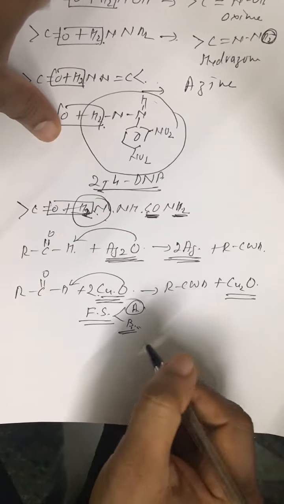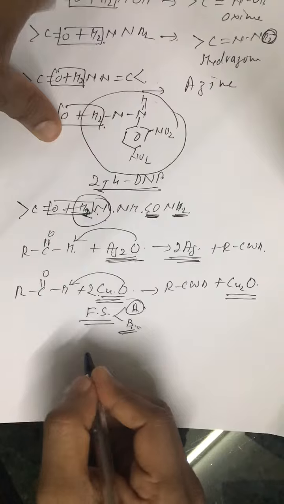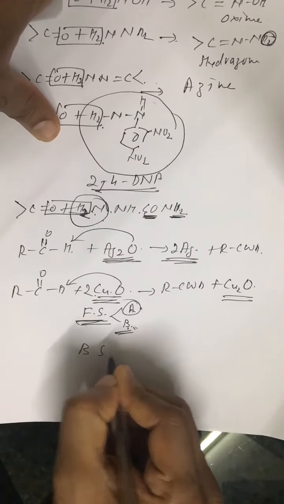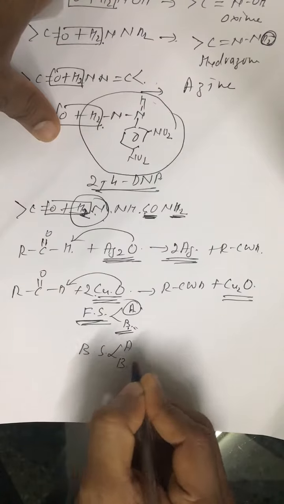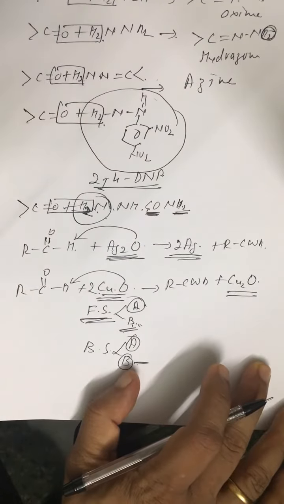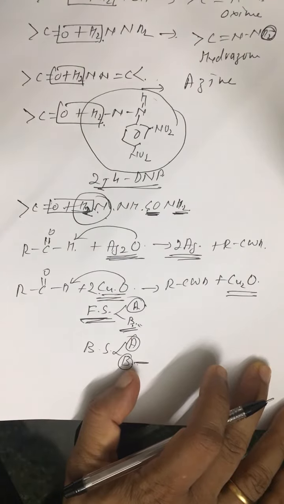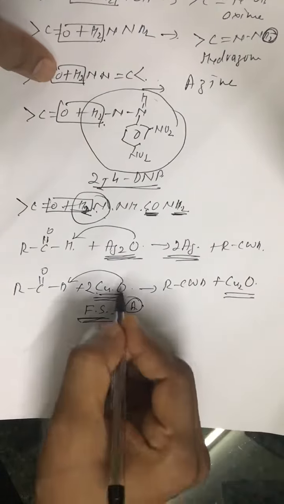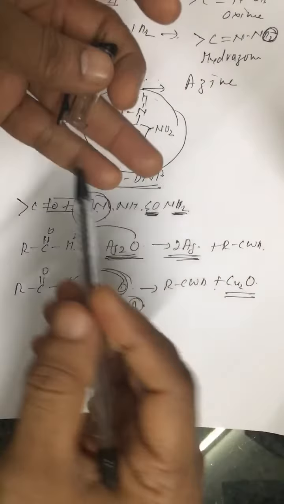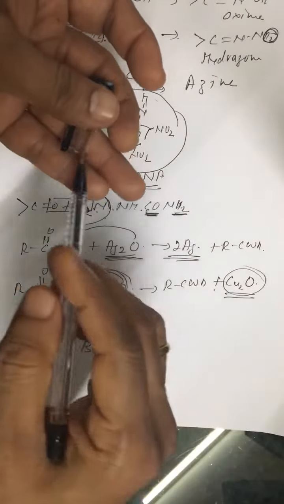So you should be careful. Benedict solution again consists of A and B: aqueous copper sulfate and B is sodium citrate. But in both cases, the active species is cupric, which is reduced to a red-brown precipitate of cuprous oxide.